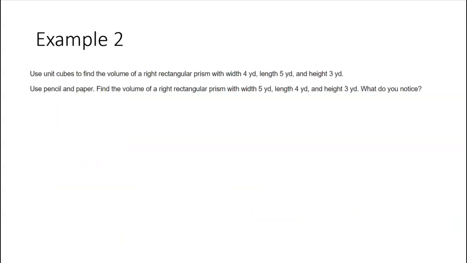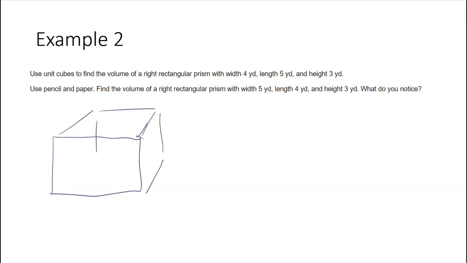Let's do an example. Use unit cubes to find the volume of a right rectangular prism with width 4, length 5, height 3. All right, let's see here. I'm just going to draw it to make sense of it. Always like to draw. So we've got a width of 4, a length of 5, and a height of 3.